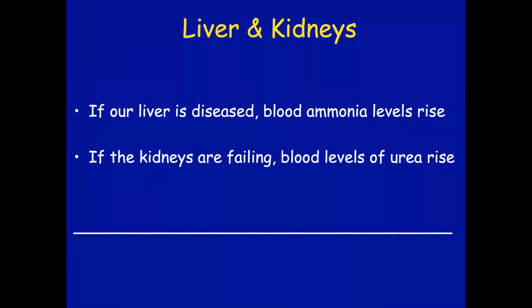If the liver is diseased, you have cirrhosis, or you have fatty liver, or you have hepatic cancer, your blood ammonia levels will rise. If your kidneys do not work correctly, blood levels of urea will rise, and in both of those conditions, you can have severe health problems relatively quickly.